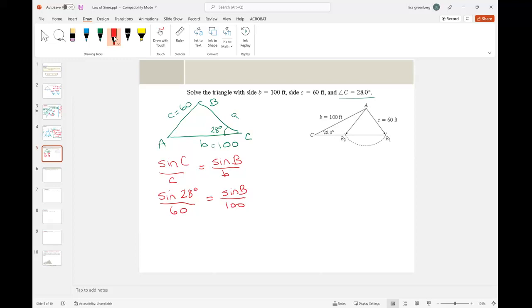So if I solve this, I get 100 sine of 28 degrees over 60 is equal to the sine of B.